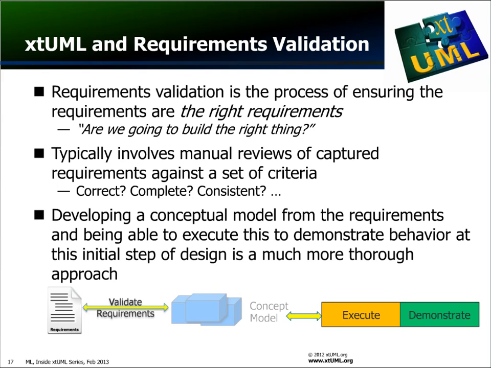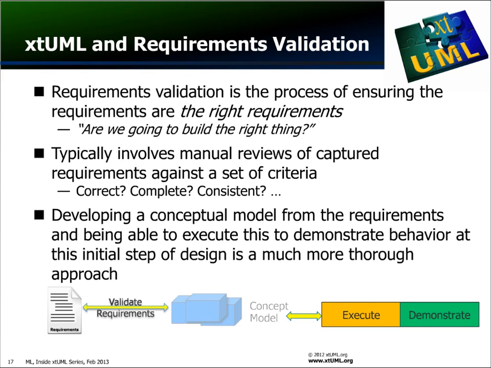As opposed to this idea of getting a bunch of people in a room, sitting around and speculating and debating about all this, there's a better way. Developing a conceptual model from the requirements and being able to execute this model to demonstrate the behavior at this initial step of design is a much more powerful approach. I touched on this briefly when I went over the xtUML flow earlier, but this is a really powerful capability.